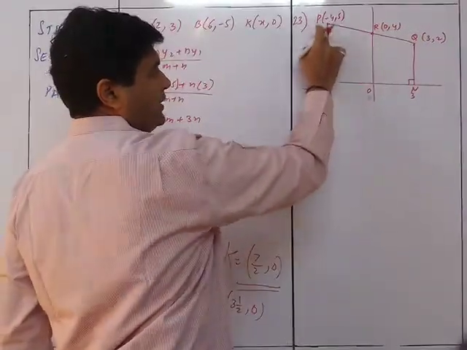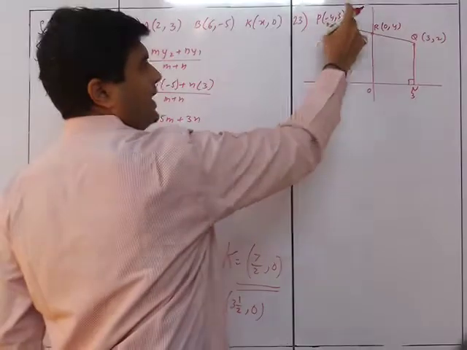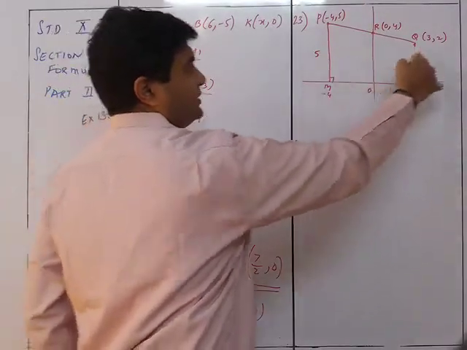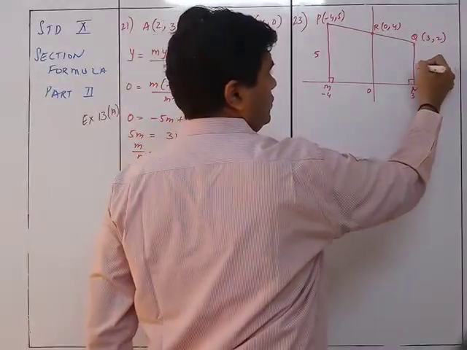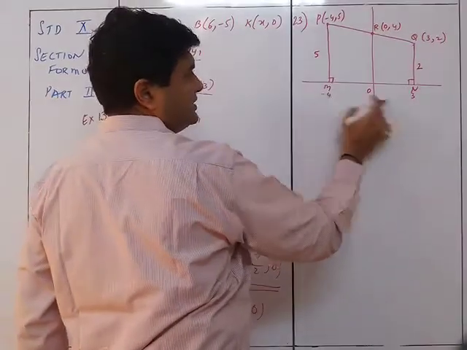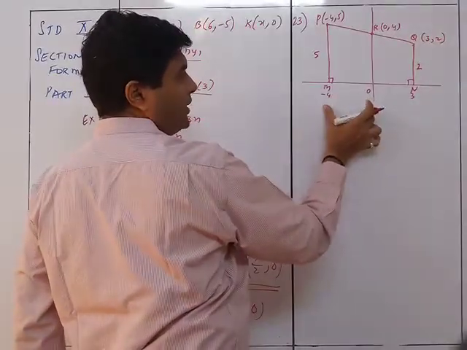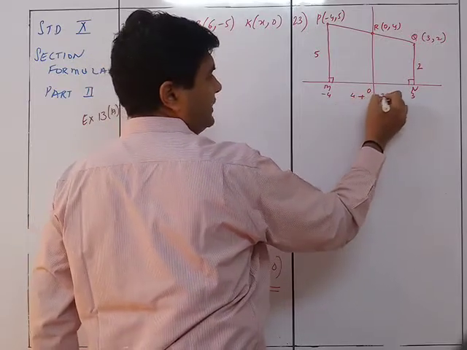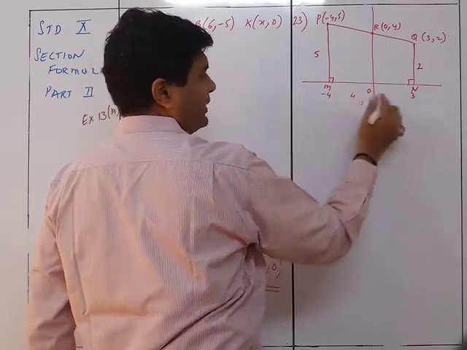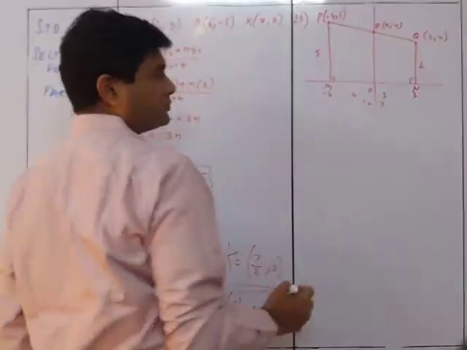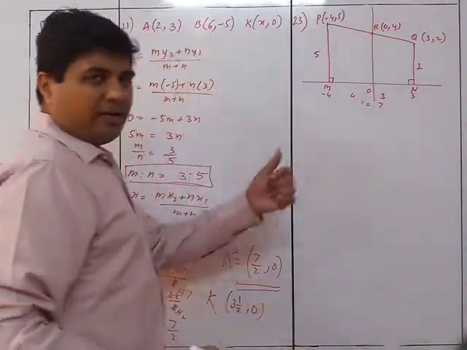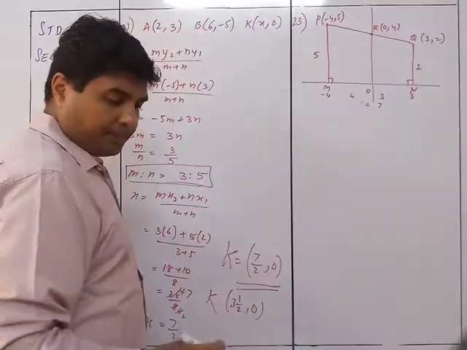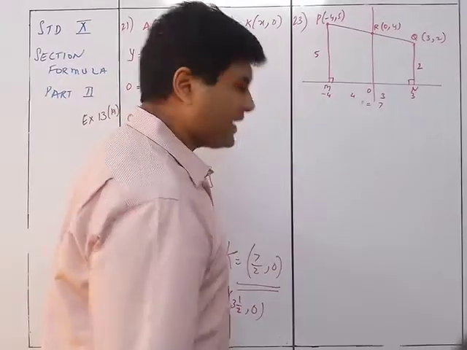This distance over here is nothing but the y coordinate, so this is 5. This is the y coordinate, which is equal to 2. This distance is the height, which is 4 over here and 3 over here. So that's total 4 plus 3, that's 7. So area will be very easy to find out. We'll take it up later when you are writing the answer, or you can write down the answer right away.